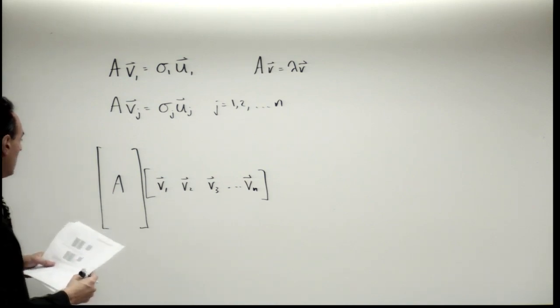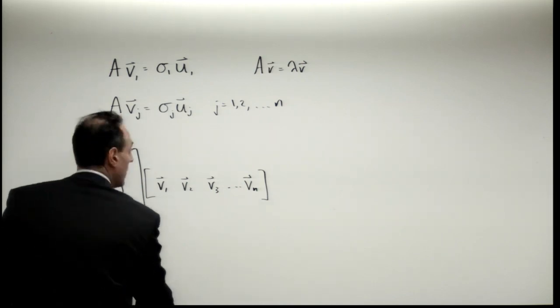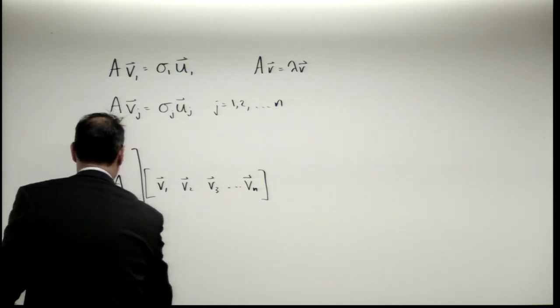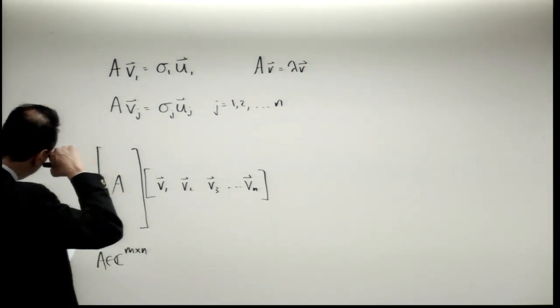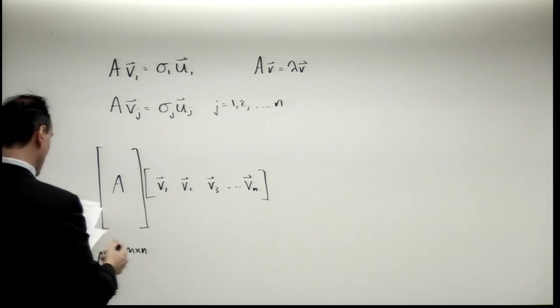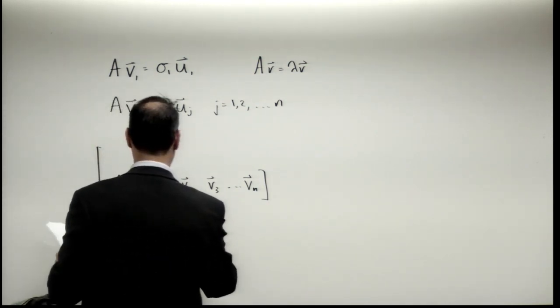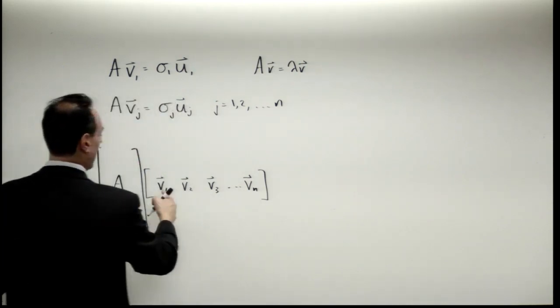First thing here, if you remember, A itself is a matrix of m by n. And to do this multiplication, V itself is n by n here. In fact, look at this.